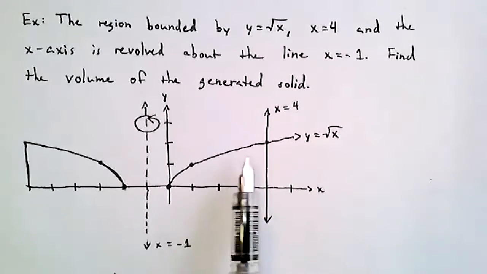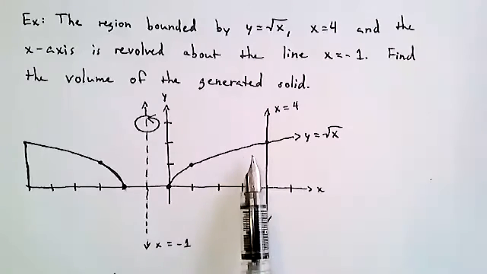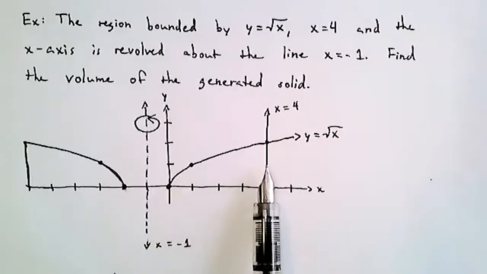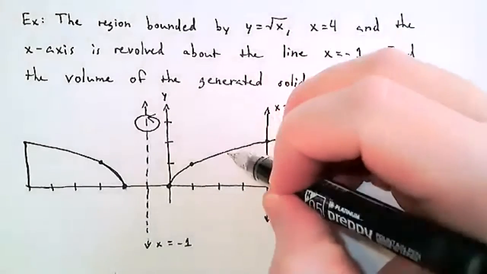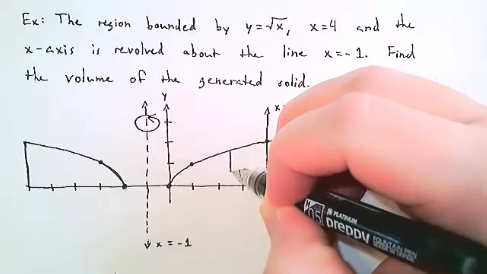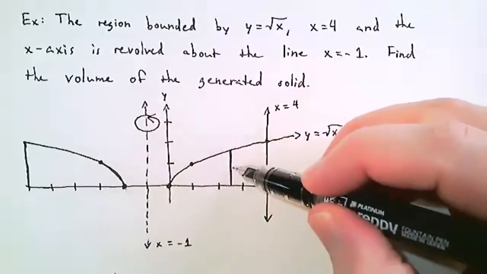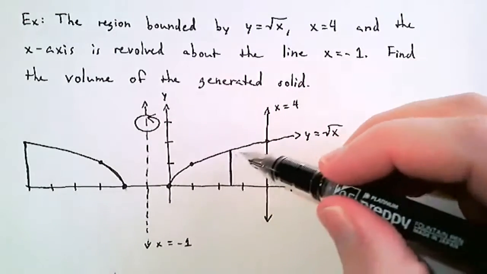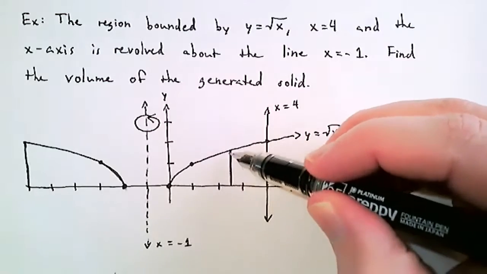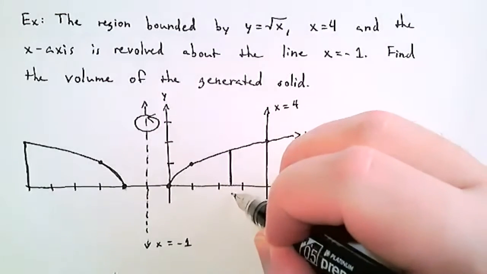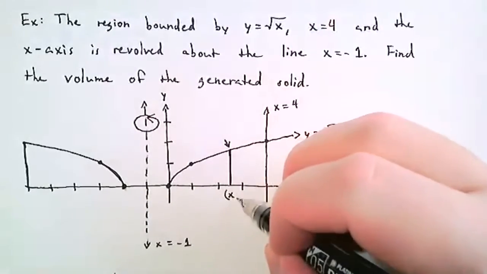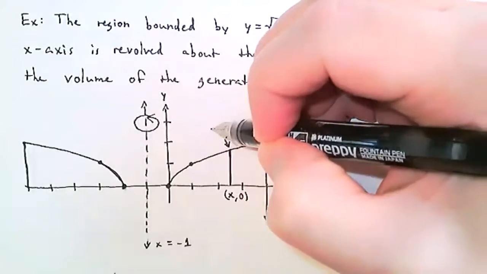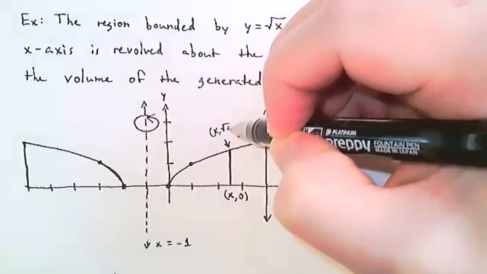We should be good. But just like before in the last problem, finding this distance is not the easiest thing to do. We could do it. It's much easier if you just slice vertically. So if you just slice from the top of the curve y equals square root of x down to the x-axis, this is the point x, 0, and this is x, square root of x.